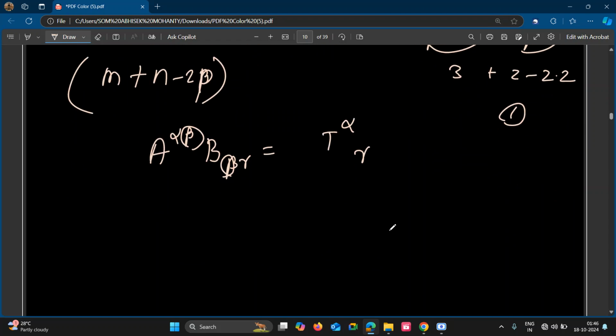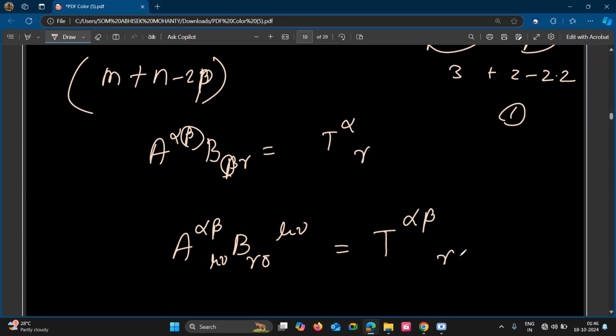Next, suppose A alpha beta mu nu, with alpha beta in the contra and mu nu in the co, and B gamma delta mu nu. Mu nu are here, so mu nu can be cancelled out. We can simply write a tensor T alpha beta gamma delta.